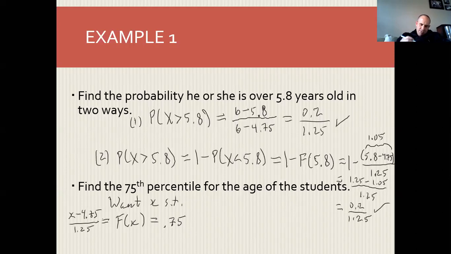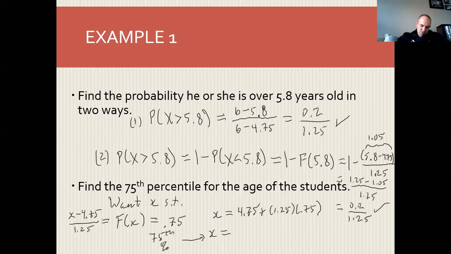Okay, so I solve for X, and I get that X, the 75th percentile, is equal to 4.75 plus 1.25, the denominator from the other side, times 0.75. This X right here is the 75th percentile.